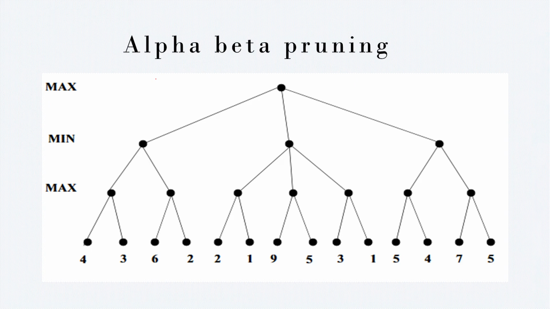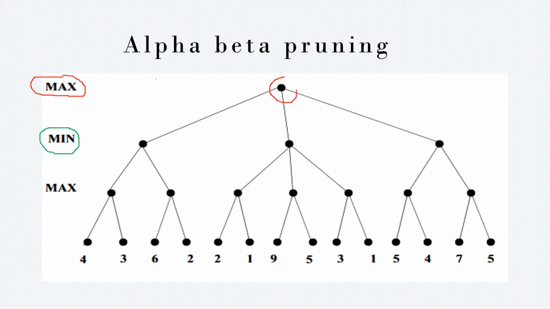Now consider this example. In this figure, we have two players. One is Max and the other player is Min. Max and Min we can represent alternately on alternate levels.